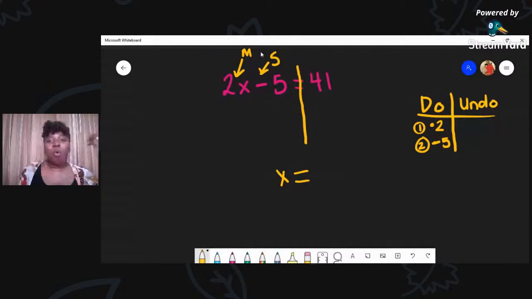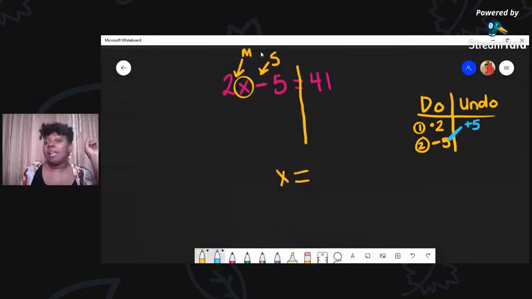Well, to get x by itself, I'm going to have to undo all of this. So what was the last thing I did? The last thing I did is subtract 5. So to undo that, I'm going to add 5.